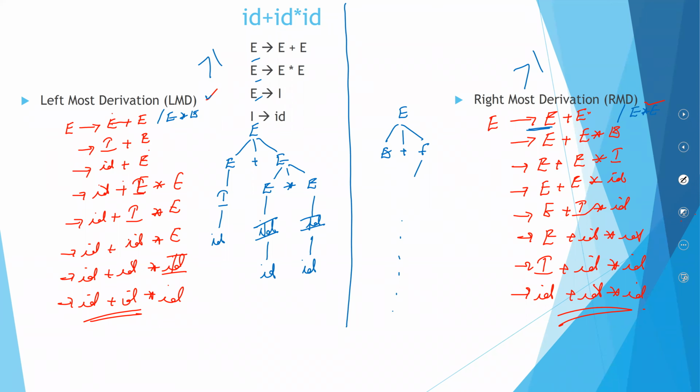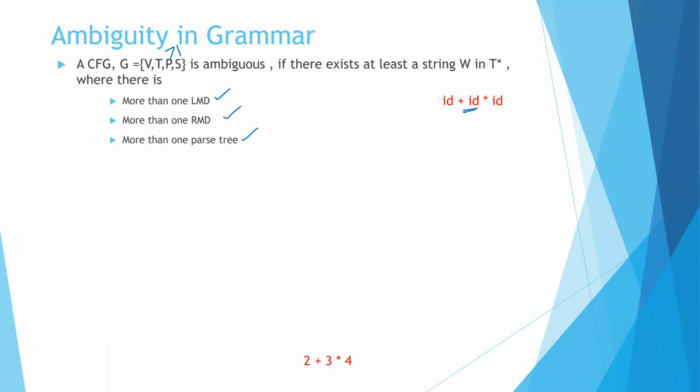So, very simple, you're having more than one LMD or more than one RMD. So, this is an ambiguous grammar. In case you have more than one LMD or more than one RMD, or even more than one parse tree, you can say it is an ambiguous grammar. Just simply draw two different parse trees for this particular grammar. Derivations, anyway, you're comfortable with.